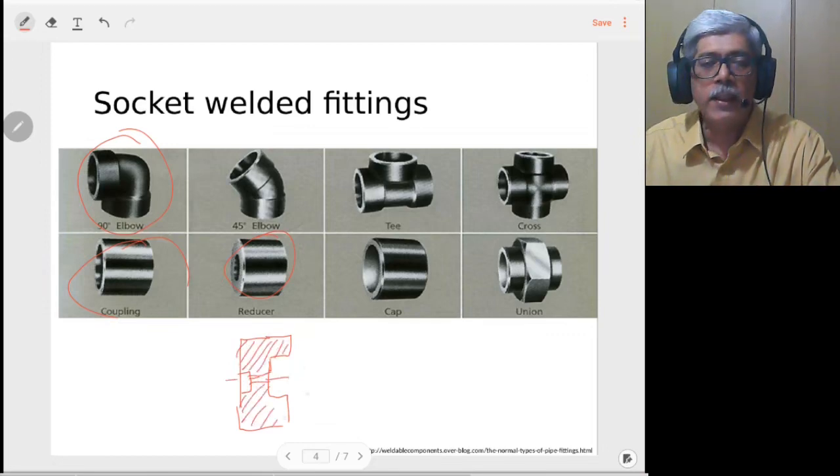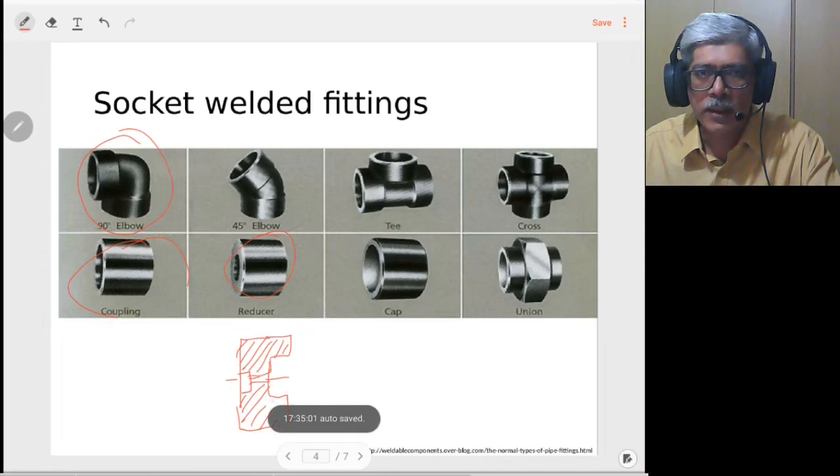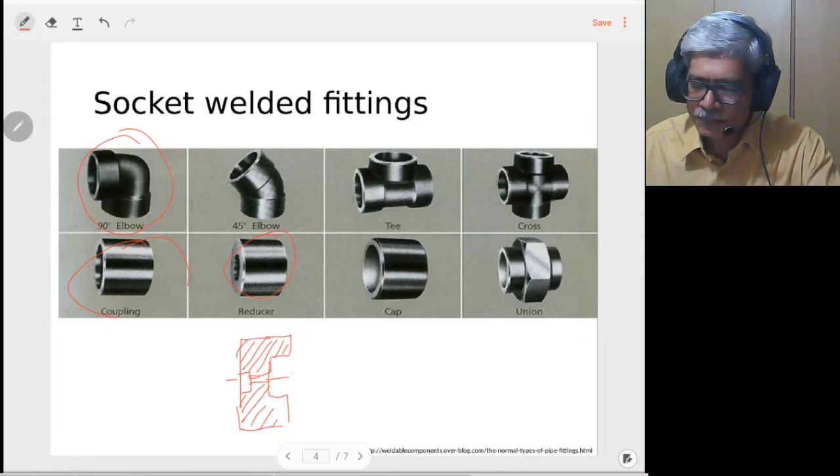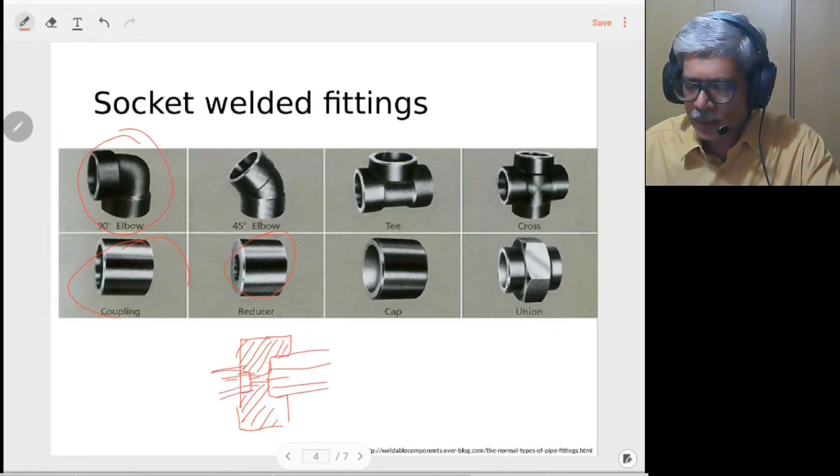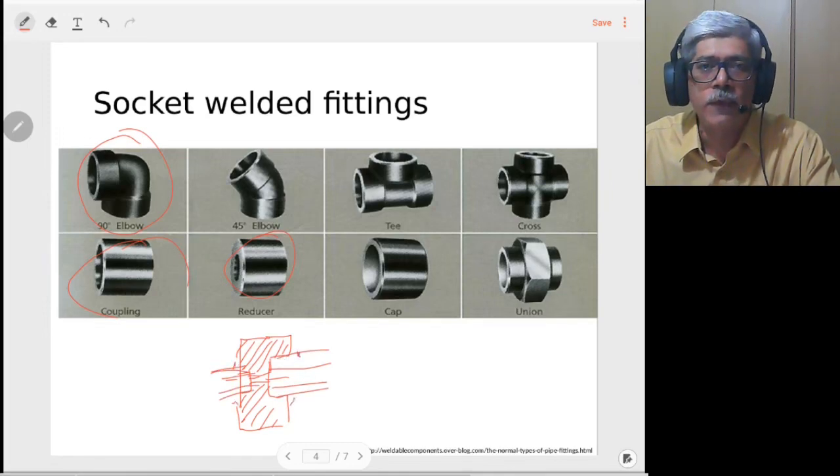We'll have one end which is larger and one would be smaller or the same size. Then it will be a straight coupling or a reducing coupling. The two pipes will get attached to the two sides and then they will be fillet welded. So that is the socket welded fittings.